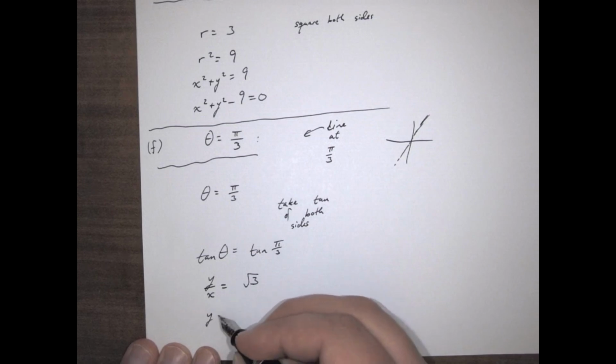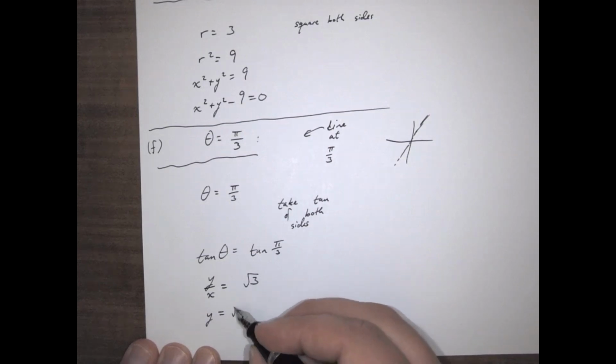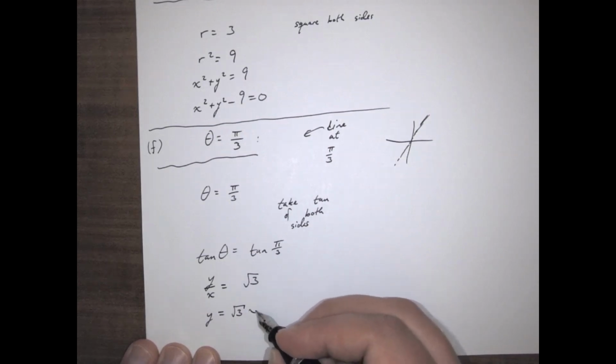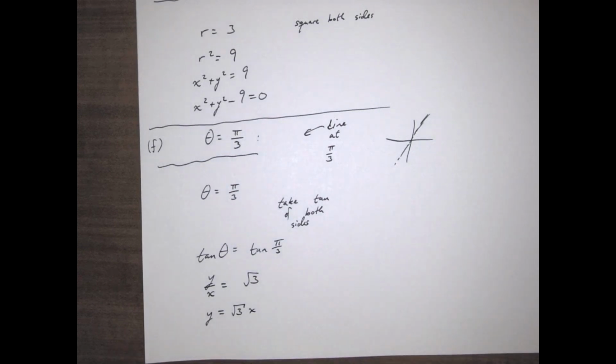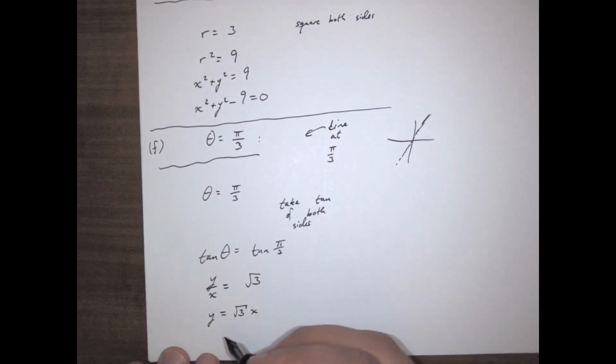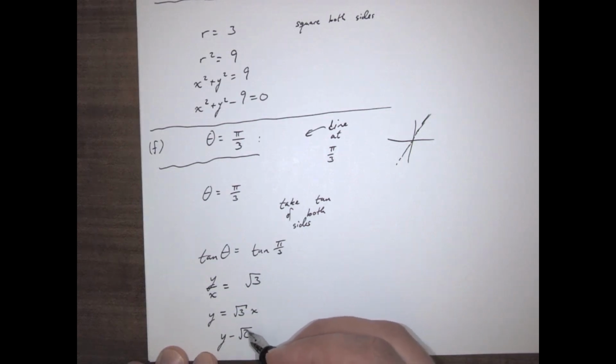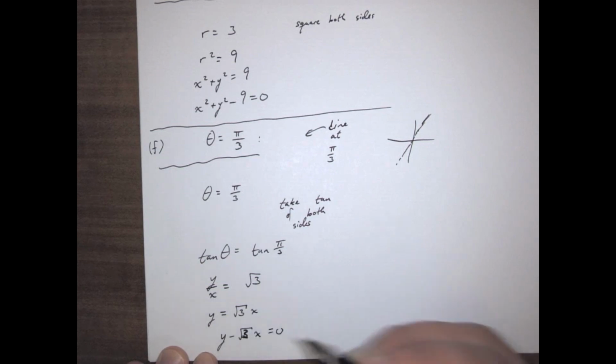So in other words, y equals root 3x. Now when I said get rid of square roots, I really meant square roots on our variables. I'm not so offended by square roots that are just constants. Root 3 times x equals 0.